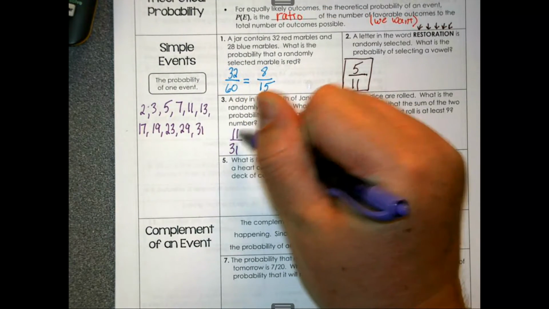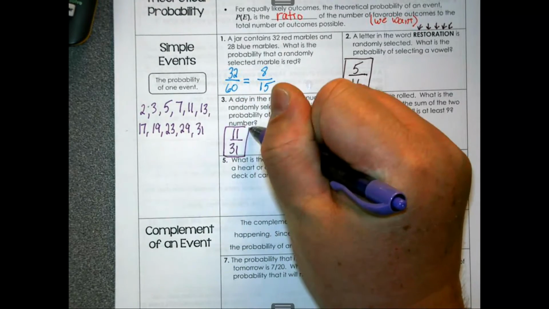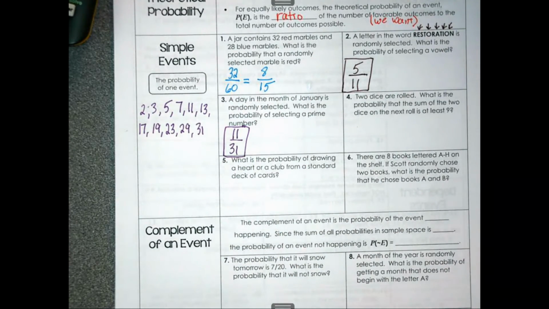Look at that, we don't have to simplify this. You know why? Because 11 is a prime number.